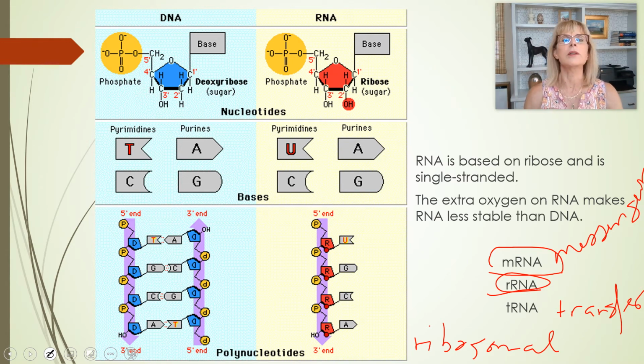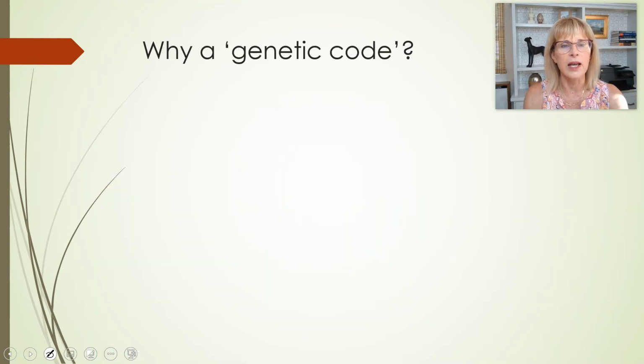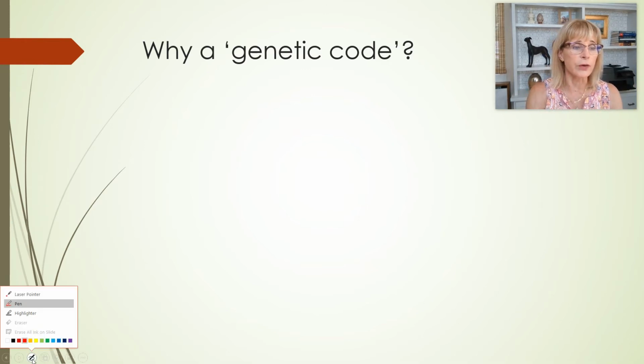Well, that's a problem, isn't it? Because there are 20 different amino acids, but there are only 4 different nucleotides. So how can a string of G, A, T, and C code for all of my amino acids? And the answer is that there's actually a genetic code.